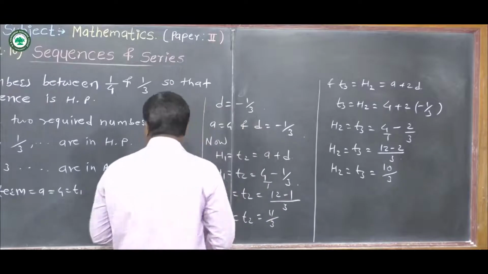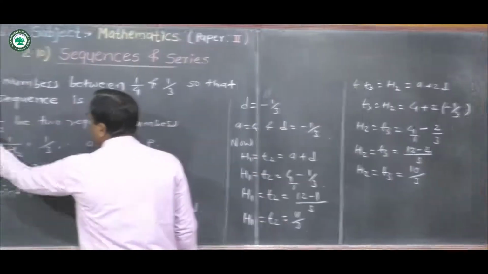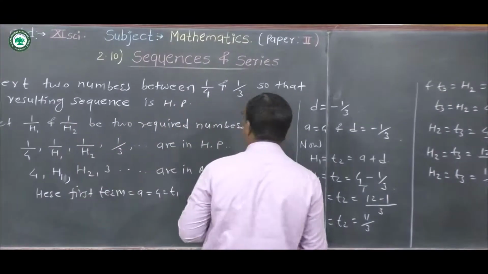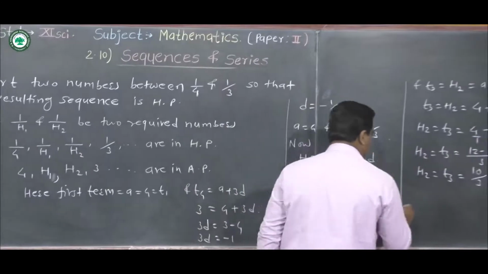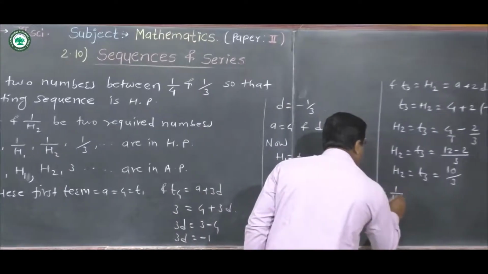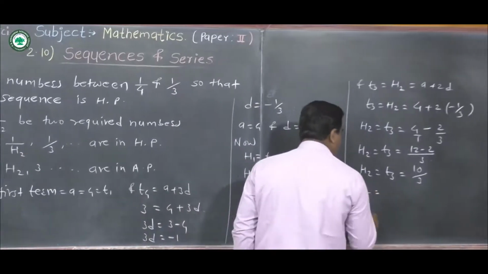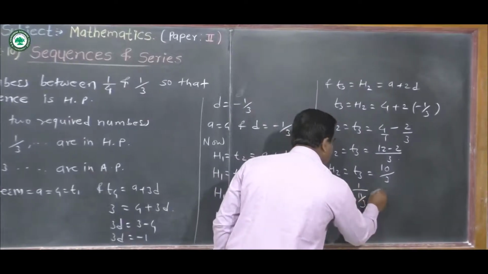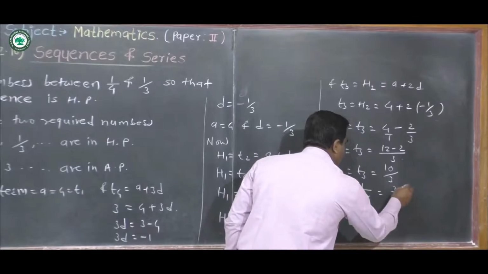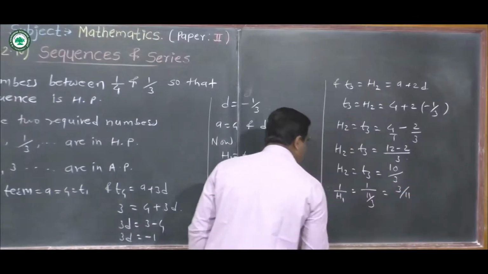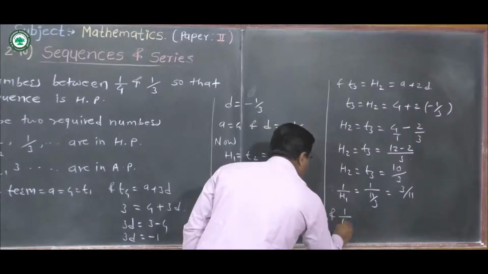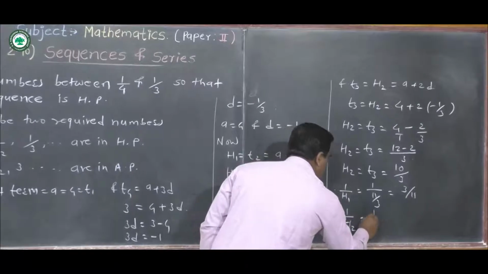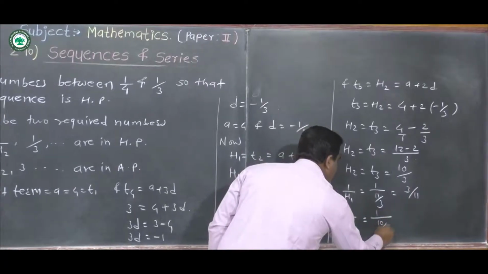Now we want to find the numbers 1 upon H1 and 1 upon H2. Therefore 1 upon H1 is equal to 1 upon 11 by 3. Taking reciprocal we get 3 upon 11, and 1 upon H2 is equal to 1 upon 10 upon 3.